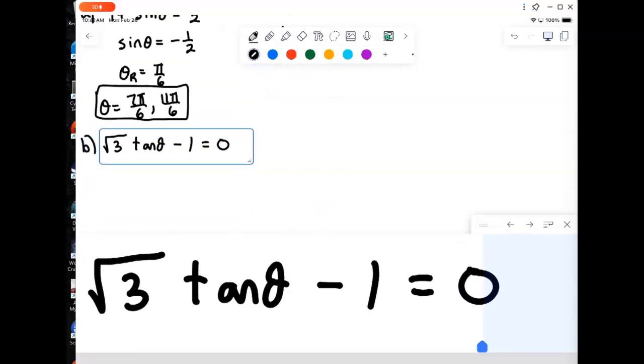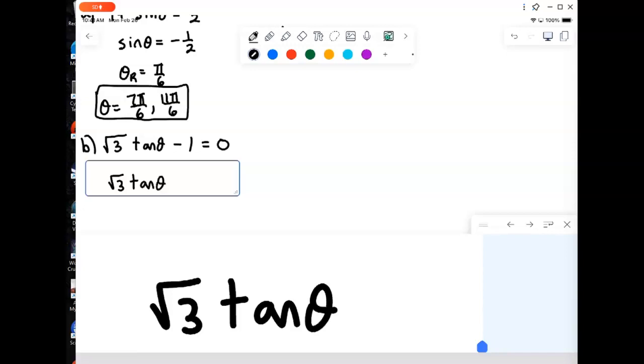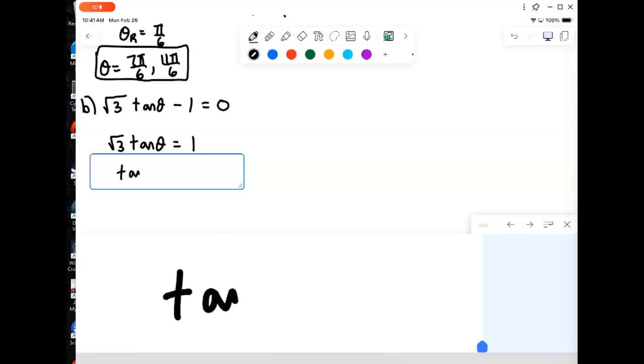To solve this equation, we're once again going to need to get the trig function by itself. So here we can bring the 1 over, and then divide both sides by square root of 3.